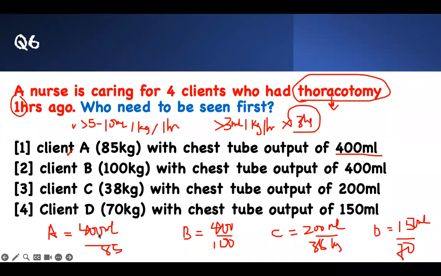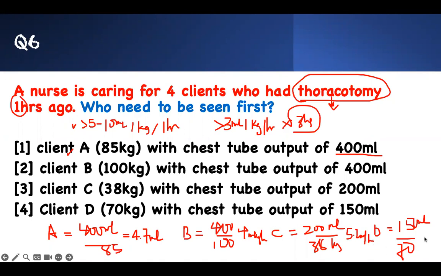And so the answer for this one, 400 divided by this is 4.7 mL per kilo in an hour. This one, 4 mL per kilo per hour. This one is 5.2 per kilo per hour.